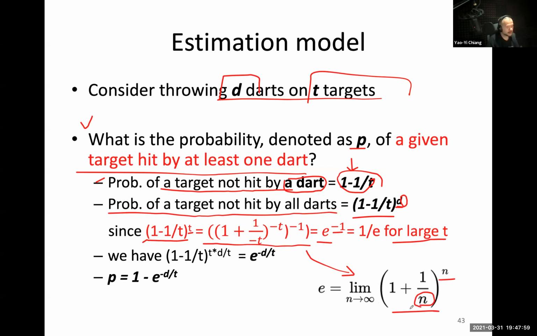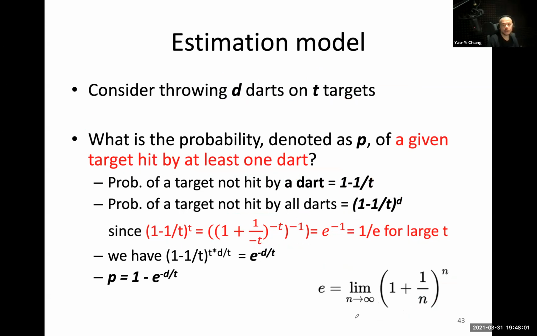So if you compare this with this, it is just a rewritten version of this. You cannot directly use this because you have 1 over t and you have t here. And here you have 1 over n, and you have a plus sign, and here you have a minus sign.